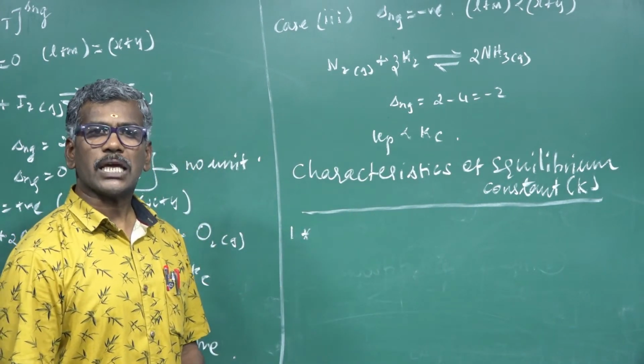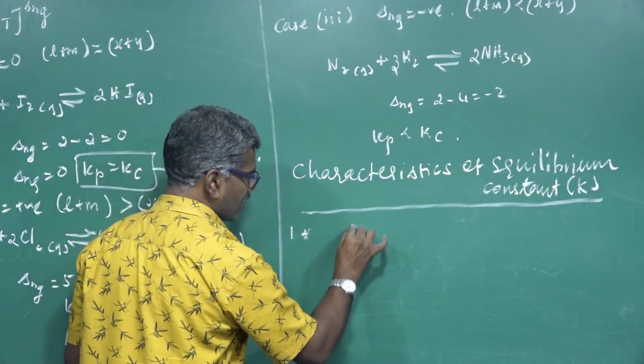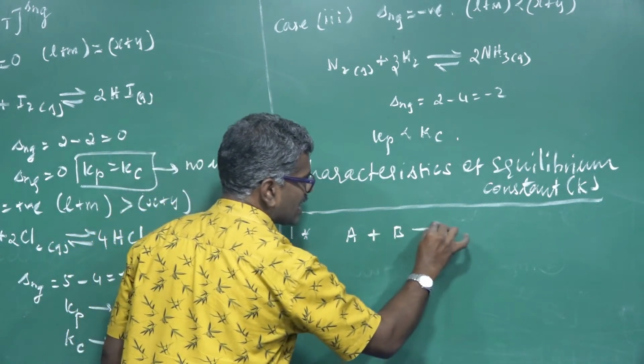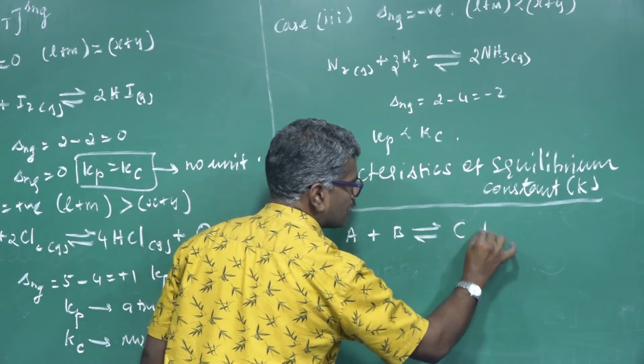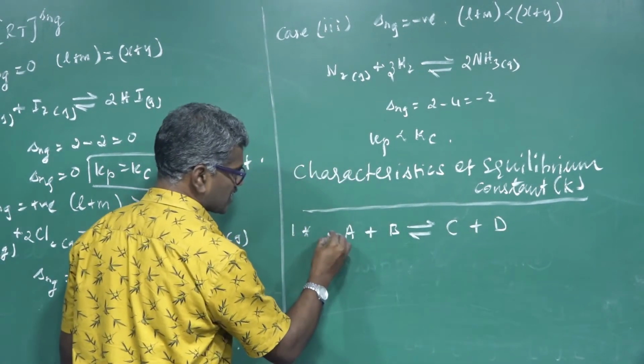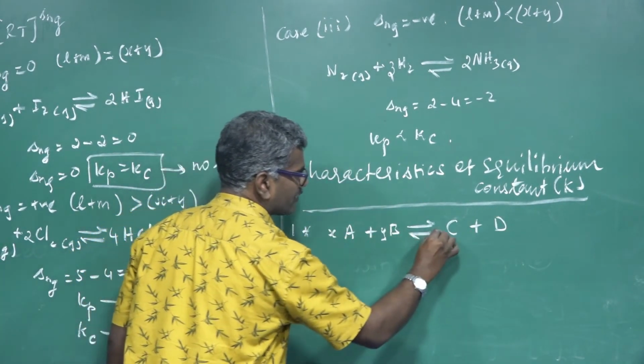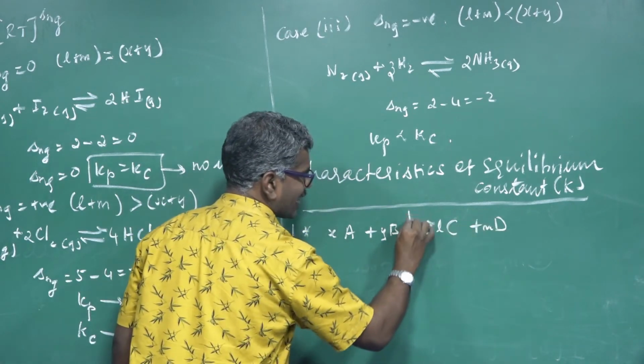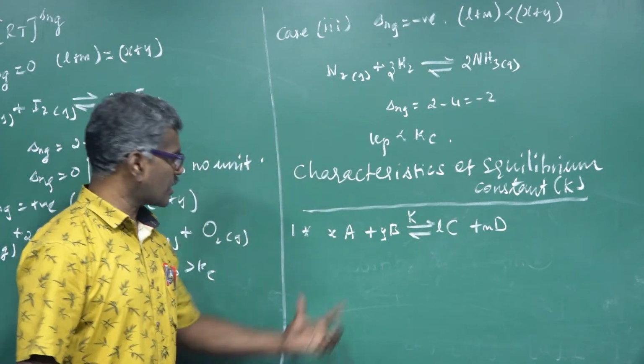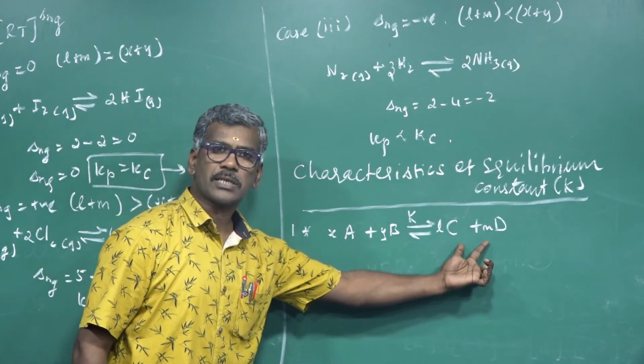Take a general chemical equilibrium reaction like A plus B existing at equilibrium to form C and D, with balanced equation X, Y, L, M. Here K is the equilibrium constant. These are the reactants, these are the products.